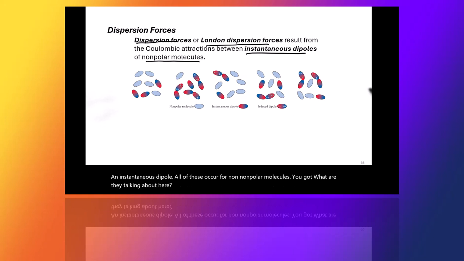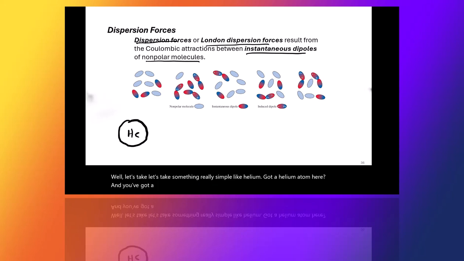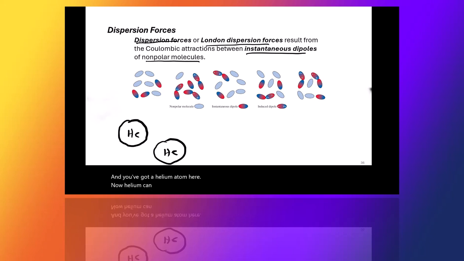Well, let's take something really simple like helium. You've got a helium atom here, and you've got a helium atom here. Now, helium can be compressed and cooled to be a liquid. I mean, normally you think of helium in a helium balloon, but we do have tanks of helium that is compressed and it is in the liquid form.